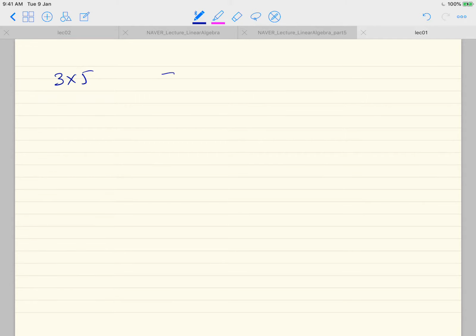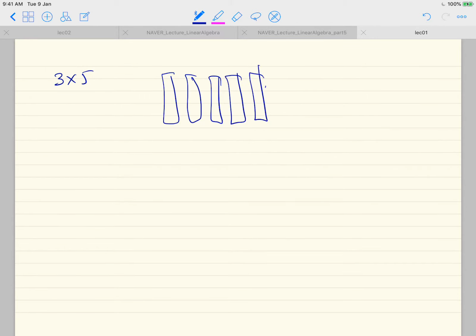And in this case, we have 5 vectors, right? But what about their dimensions, where these vectors are living in? It is 3-dimensional vectors, right? So we can think of the basis of the biggest possible space in this 3-dimensional space.